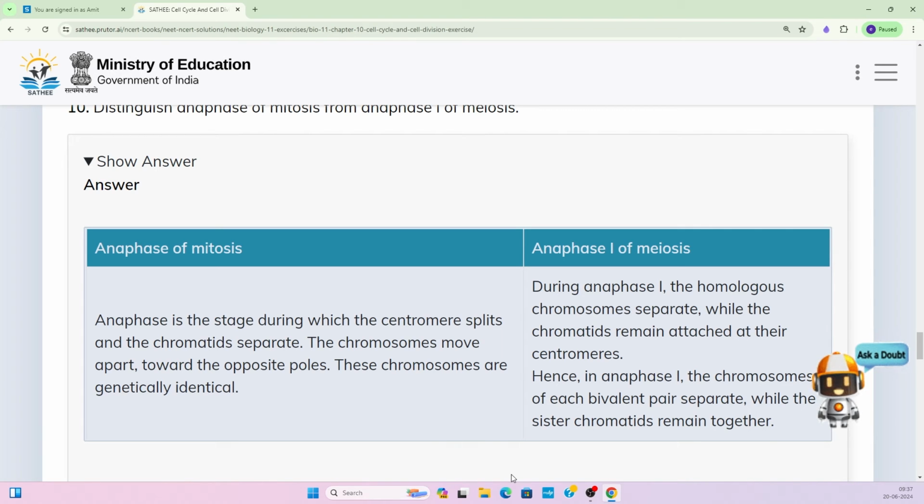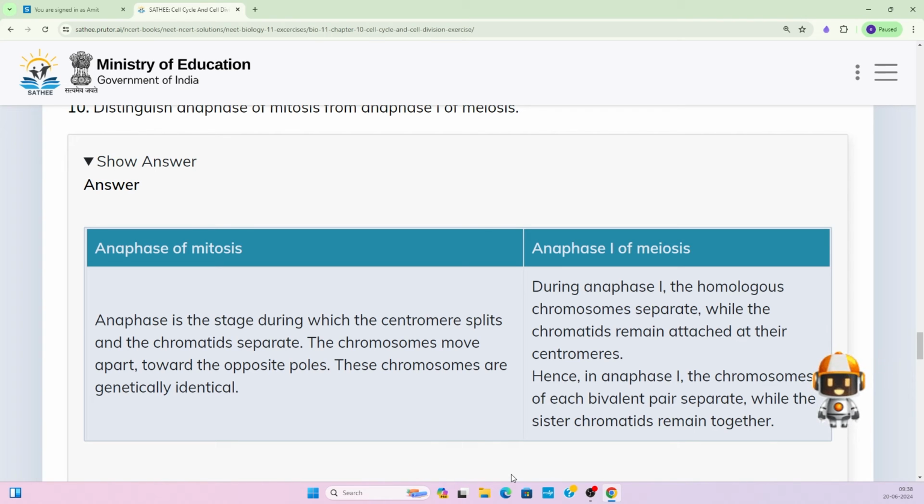So when it is joined with the centromere, it pushes the chromosome toward the opposite poles, right? So the chromosomes move apart toward the opposite poles. Now these chromosomes are genetically identical. These are totally identical. And this occurs in the anaphase of mitosis.